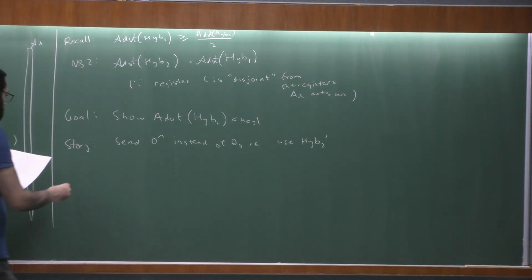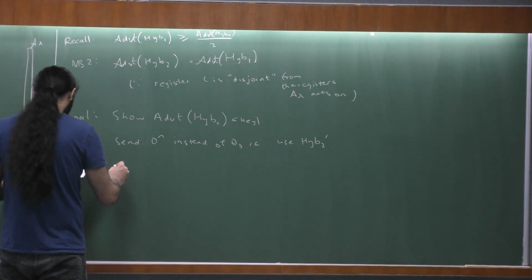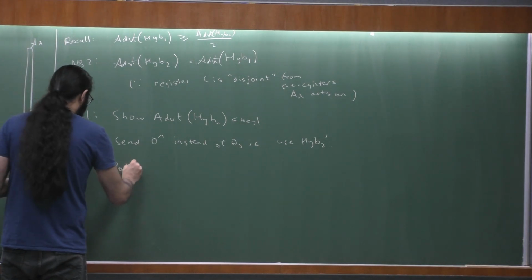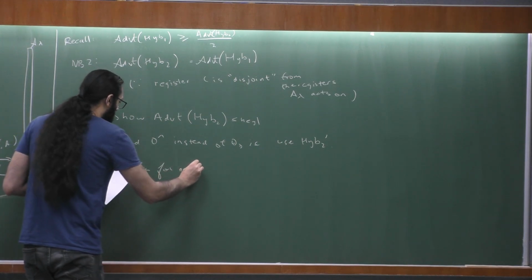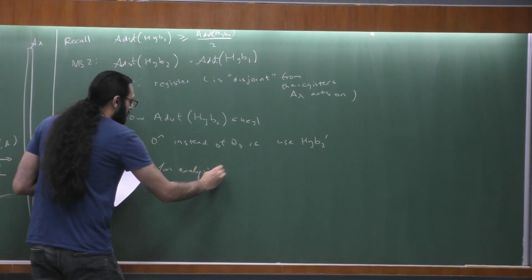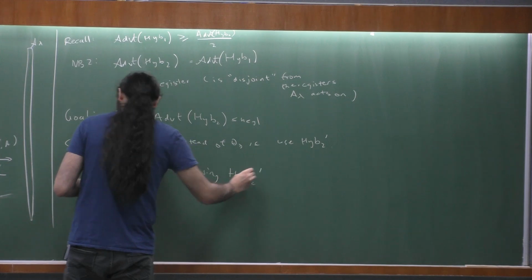Okay, and so now we introduce some notation for analyzing hybrid 2 prime. What is the notation?